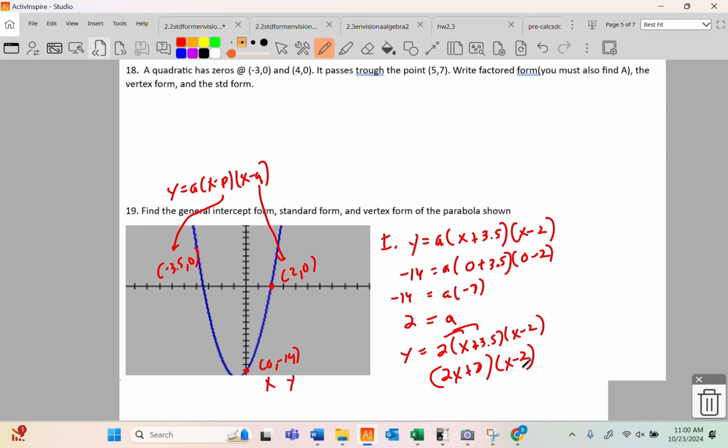All right, so we've done part 1, now standard form, part 2. Take this thing and FOIL. It's not hard, it's not even tedious. 2x squared minus 4x plus 7x minus 14, clean it up: 2x squared plus 3x minus 14.